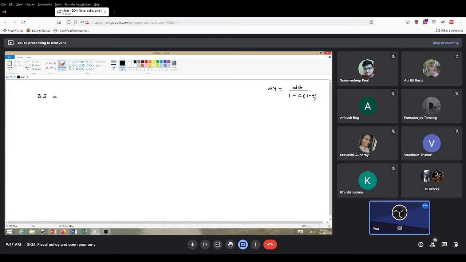So the dBS by dG, but remember that this is equal to 0.